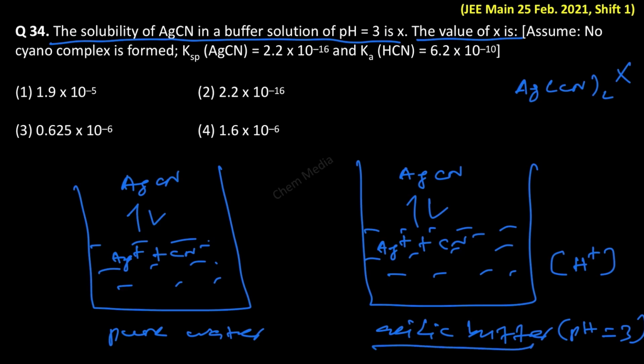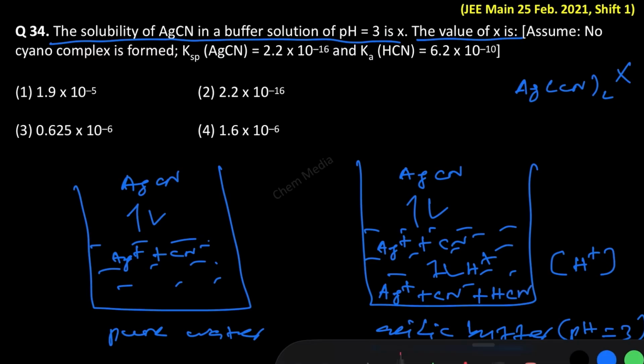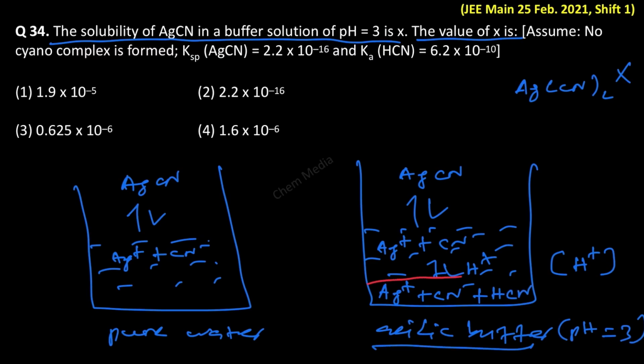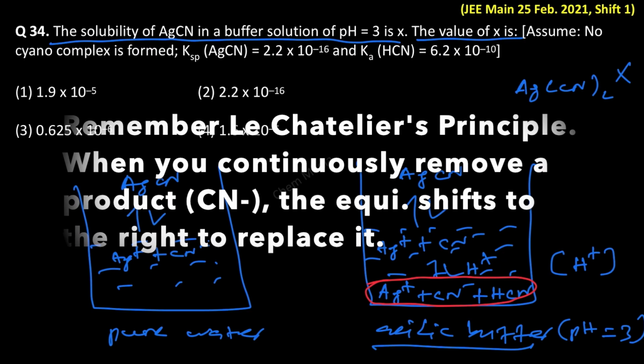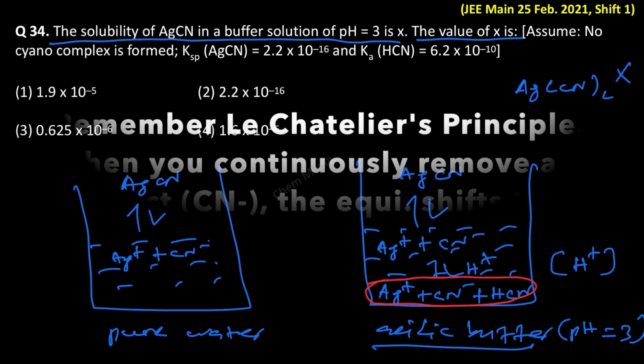What will that do? That will react with this, isn't it? So therefore, we would have Ag plus ions, CN minus ions, plus HCN, which means we need to take care of the concentration of these three species. That is the issue here. So once you understand this, then it is easy to solve this problem.